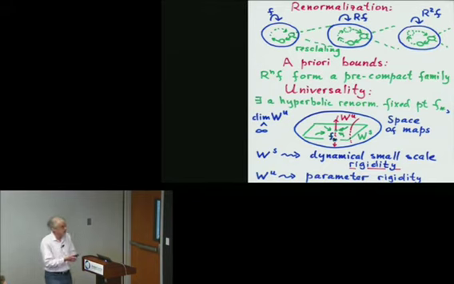Namely, the small-scale structure of infinitely renormalizable systems which are in this stable manifold will be controlled fully by this fixed point. They will all have the same small-scale structure, such universality of the dynamical small-scale structure, and the parameter structure will be controlled by this unstable manifold.